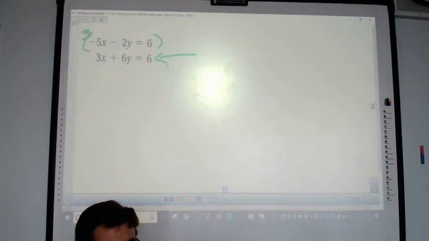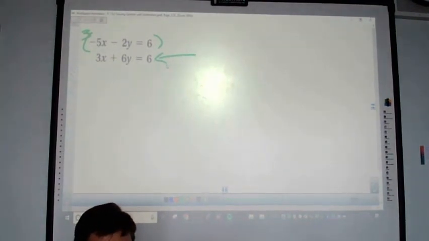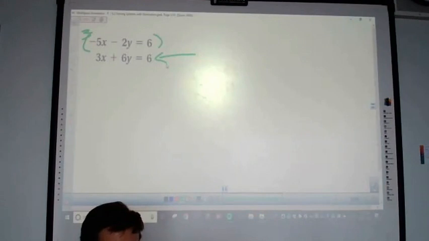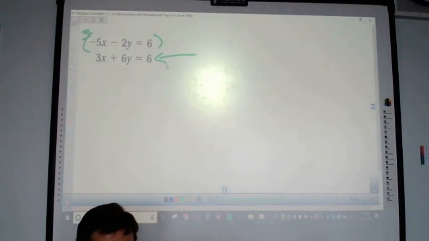Give me both x and y. Don't assume Elise is correct either. I have no idea, I haven't done the problem yet. Well, I have, I did it last period, but I don't remember what the answer is.